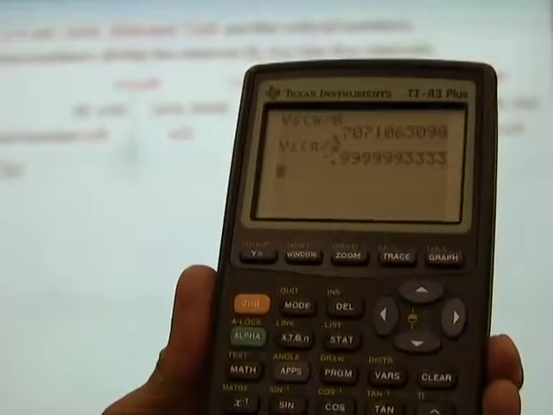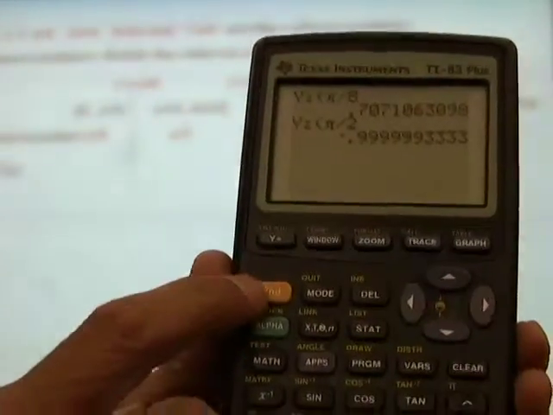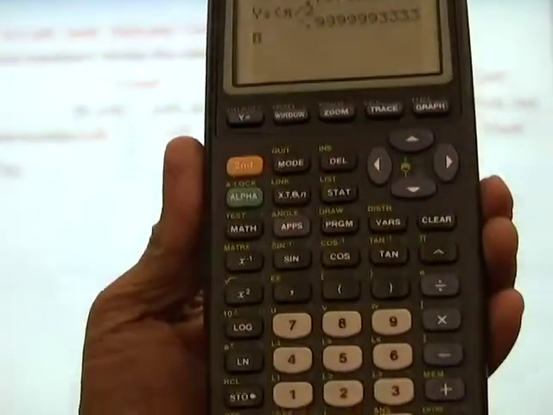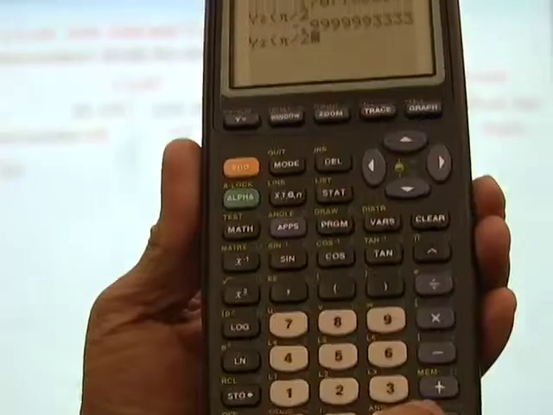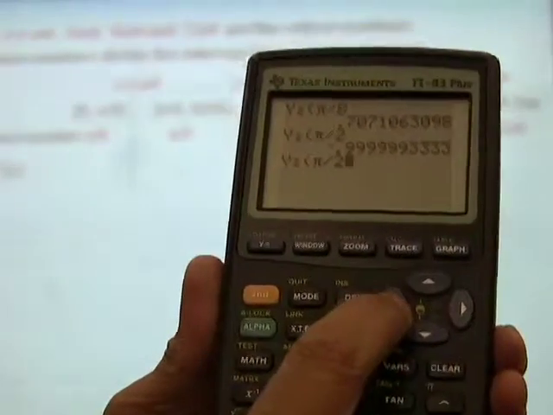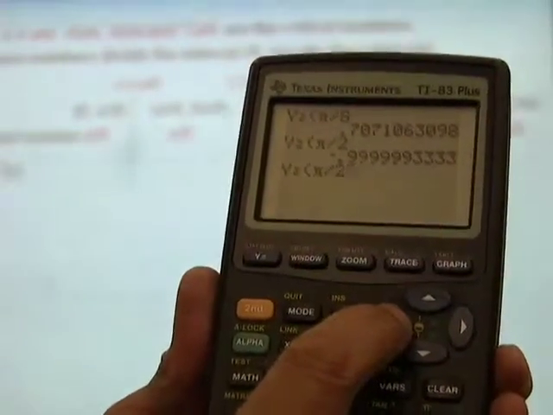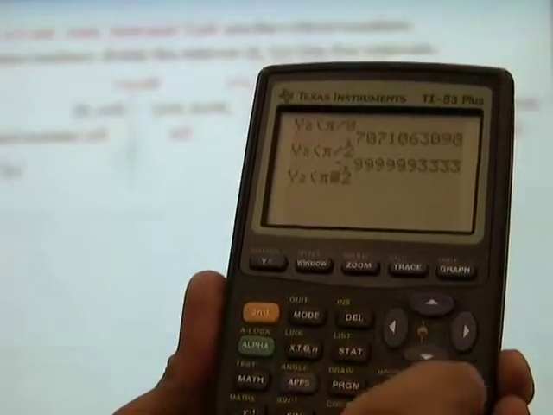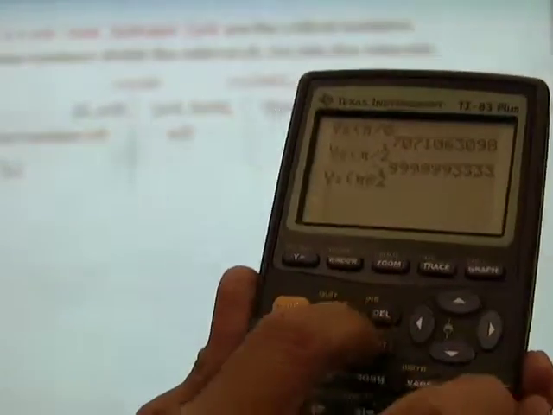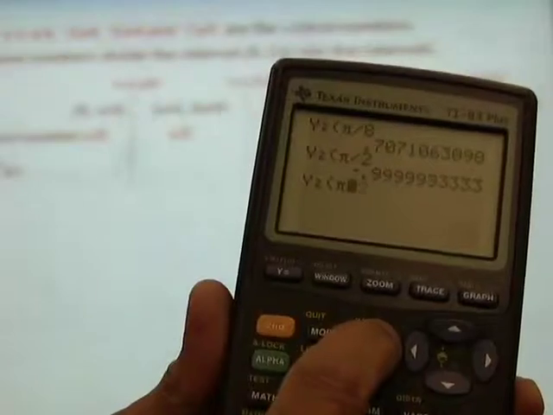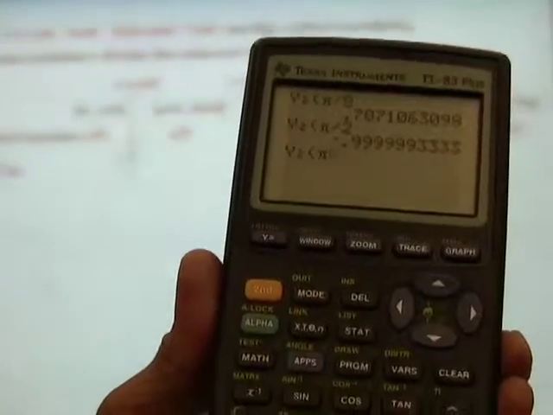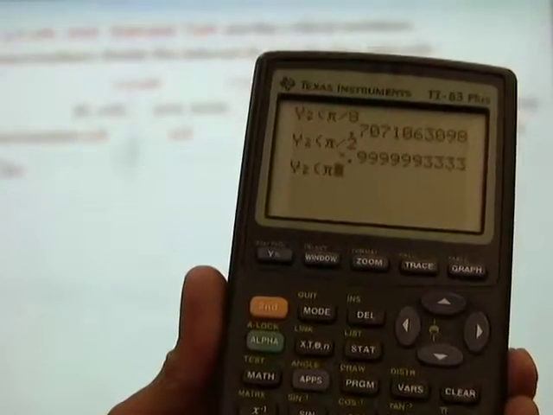Next we need to find that at pi. So again go to second enter. And change that pi by 2 to a pi. In other words, delete, divide by 2. And you notice that I don't need the last parenthesis.